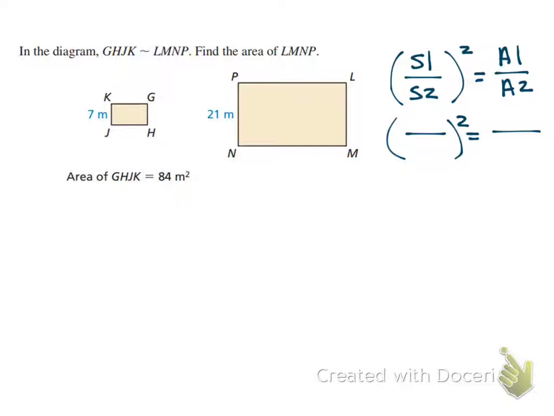So what is a side from the first shape? 7. And then that corresponding side on the second shape, 21. Equals the area of the first, which is 84, over the area of the second, which is what we're trying to find out. You could put A, you could put X, it doesn't really matter.